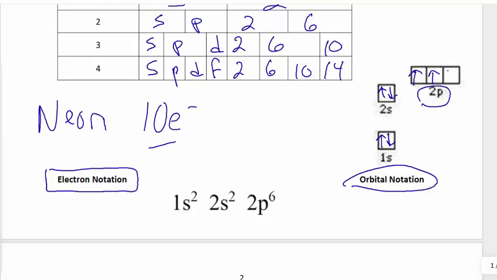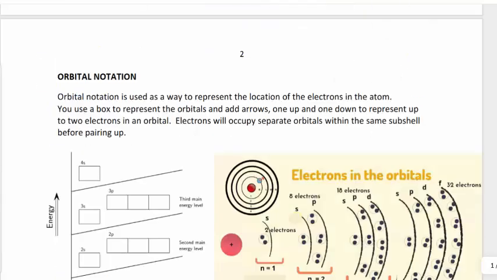If I had 3, they would be in separate boxes. Then if I have more electrons, then they'll start to double up, and we just go from left to right. So if you count the arrows, that's 10 arrows, which represents 10 electrons. So this would be a notation of showing where the electrons are in the neon atom.